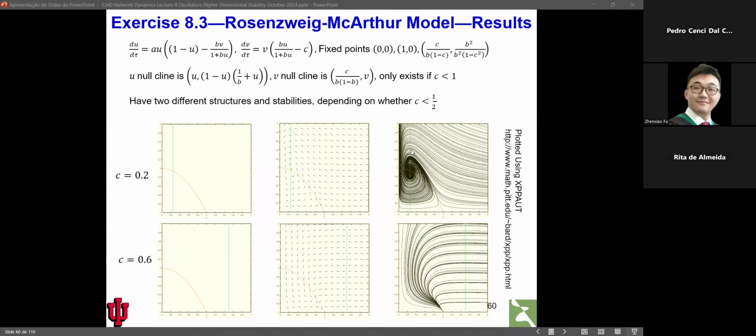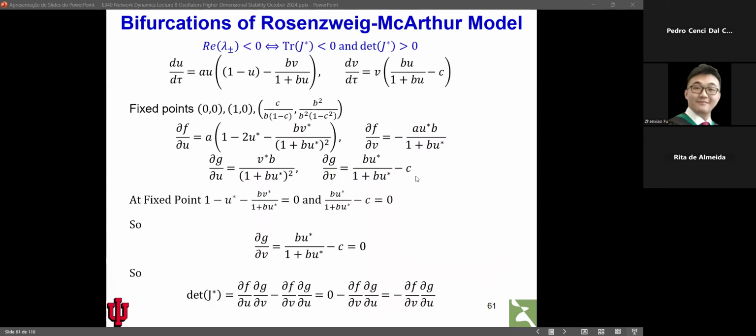Yes. Okay. You see that depending on the values, C less than 1 and C less than 1/2, you have different solutions. Okay, because you have different equations.